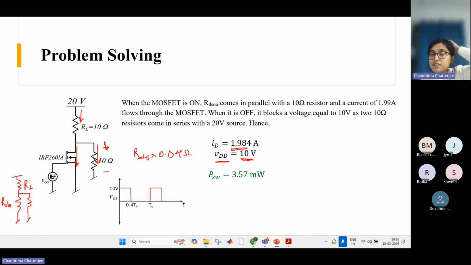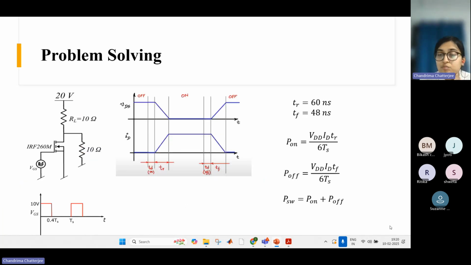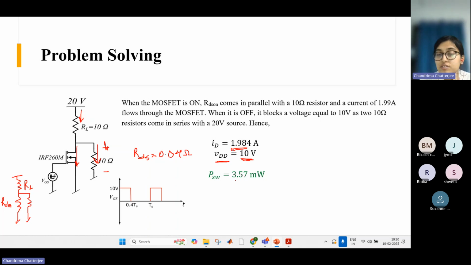And this current is when the MOSFET is carrying current. So we have the ID value, we have the VDD value. From this formula, we can calculate P on and P off values, and we can simply add them to get the P switching, which is 3.57 milliwatt. This will be our switching loss.